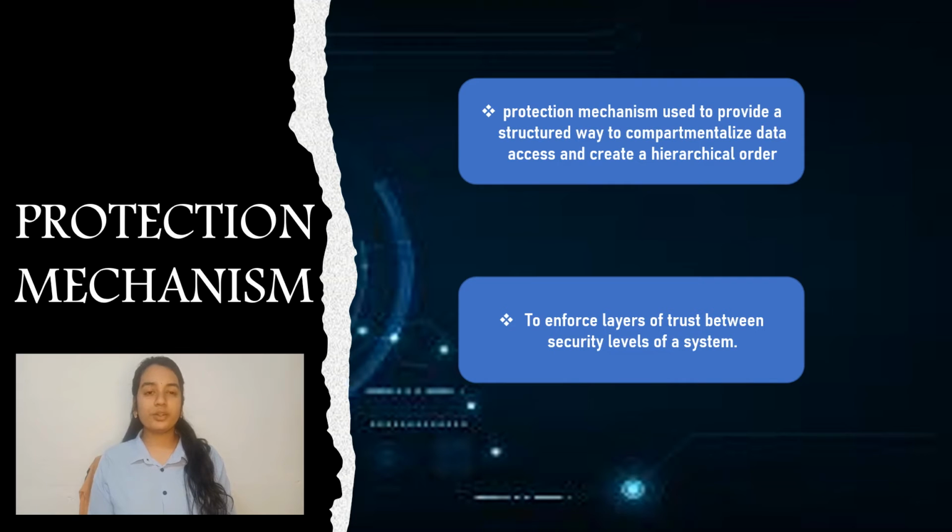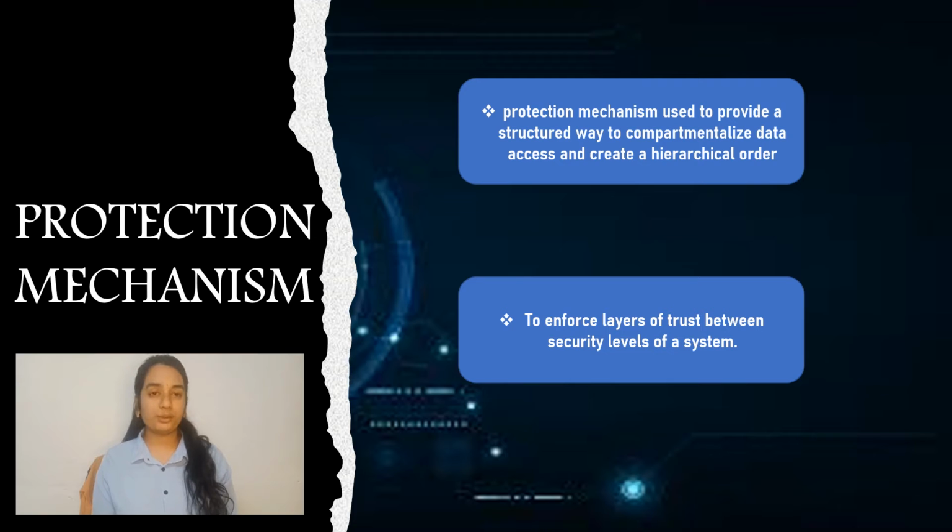So today I'm going to speak a few words about protection mechanism. I would like to elaborate on how the protection mechanism is used to protect processes and data, with the following sections. First and foremost, what is protection mechanism?